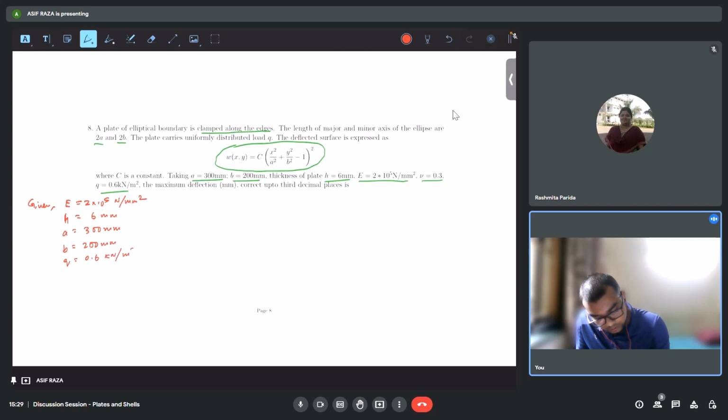So it can be simplified and written as 0.6 into 10 to the minus 3 Newton per mm square.